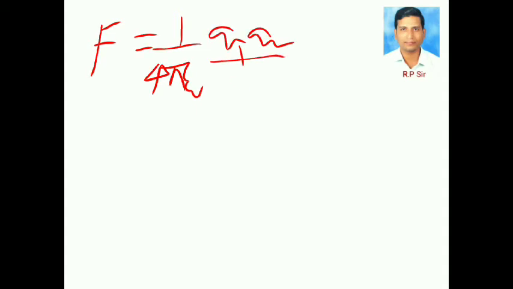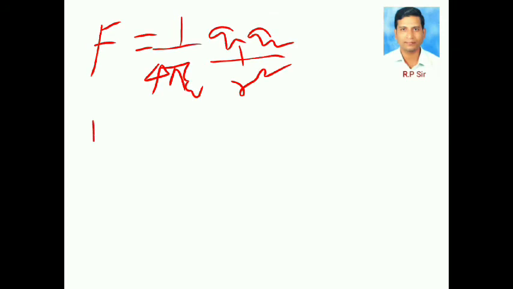We know that Coulomb force F is equal to 1 by 4 pi epsilon naught Q1 Q2 by r square.